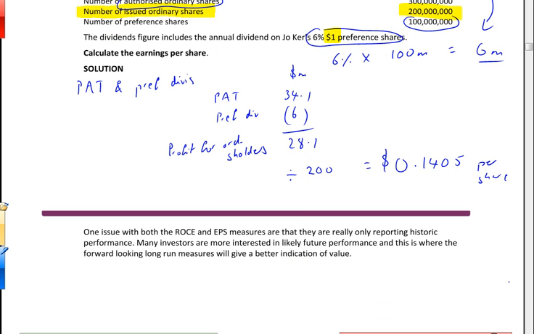Now, one of the problems with return on capital employed and earnings per share is that we are really only reporting historic performance because it's based on your latest year's profit number. What a lot of investors are going to be more interested in is the likely future performance of the company, and that will give them a better indication of the future value of the company and whether it's worth buying shares in this company.